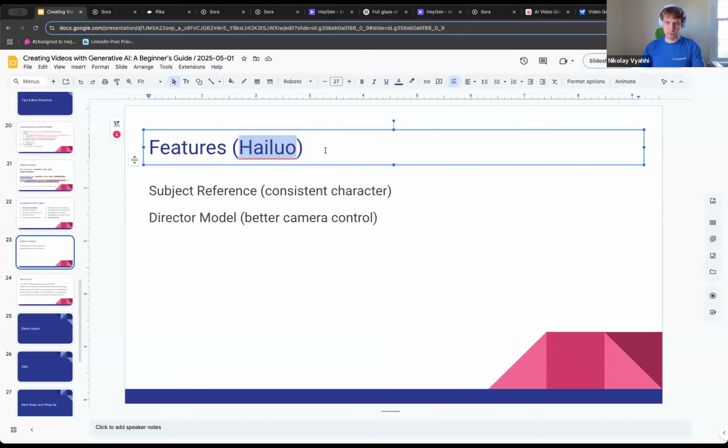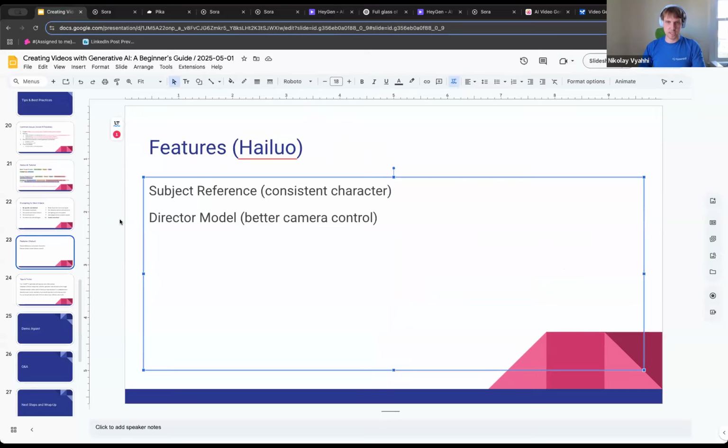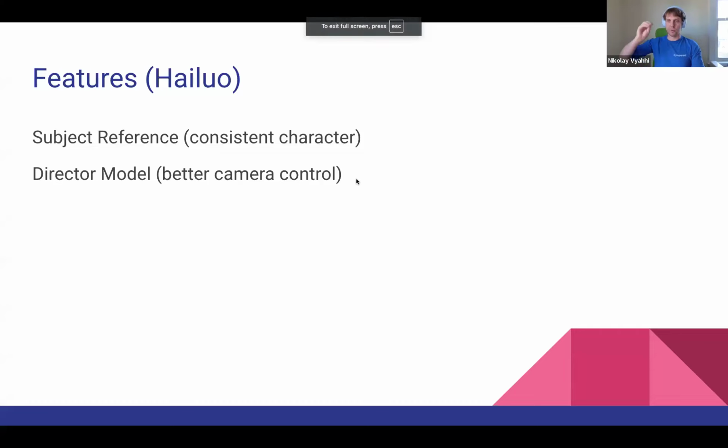Few options of Hailuo and also some other models have it, and Sora does not. The first one is subject reference. You can upload the image of a person or any subject, and the generated video will have this person as a subject.